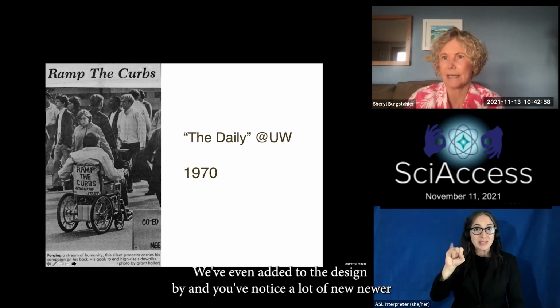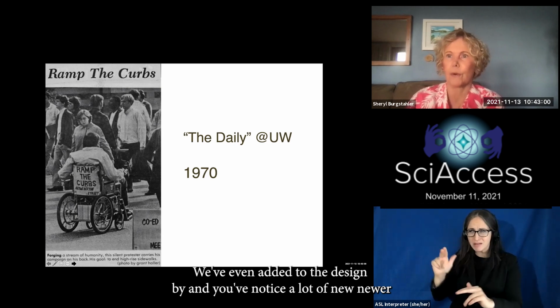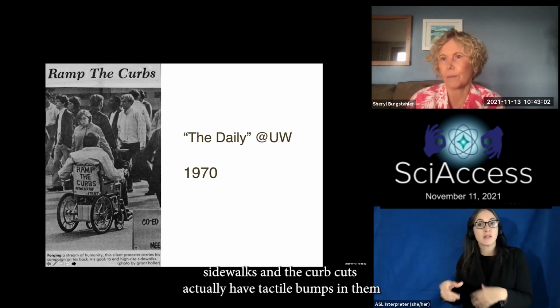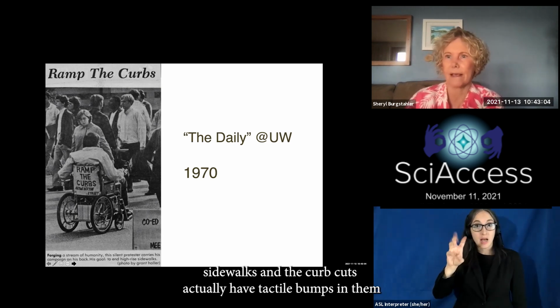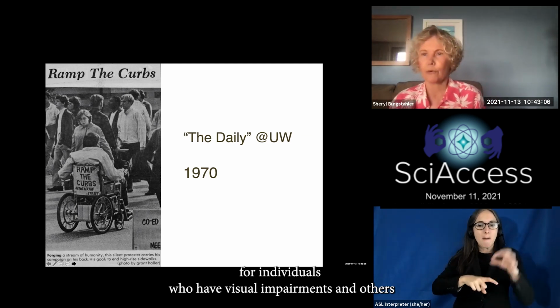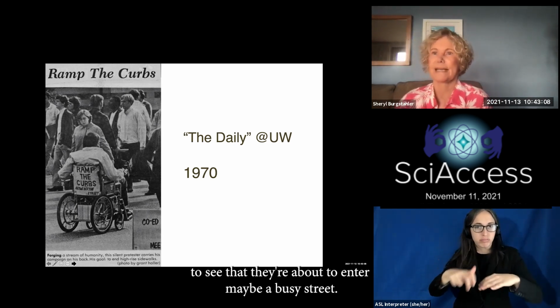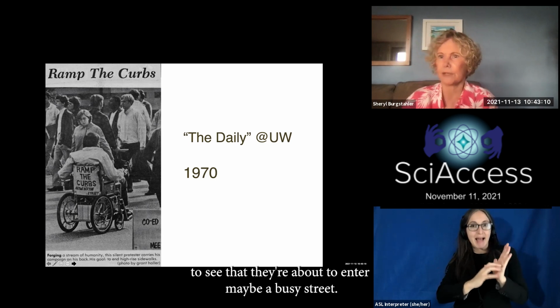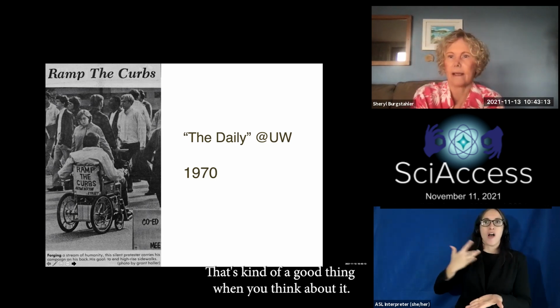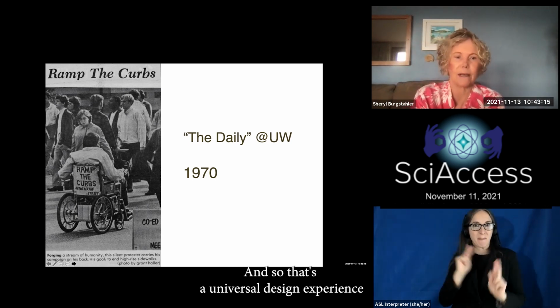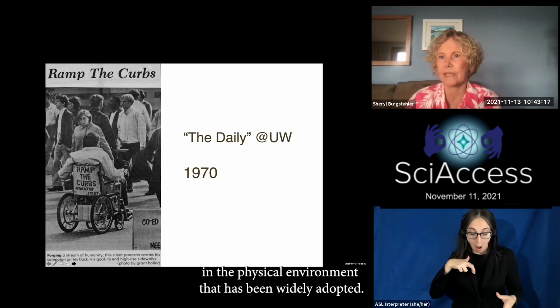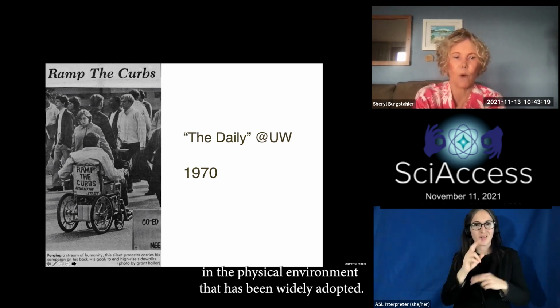We've even added to the design; you've noticed a lot of newer sidewalks, and the curb cuts actually have tactile bumps in them for individuals who have visual impairments and others to see that they're about to enter maybe a busy street. That's kind of a good thing when you think about it. And so that's a universal design experience in the physical environment that has been widely adopted.